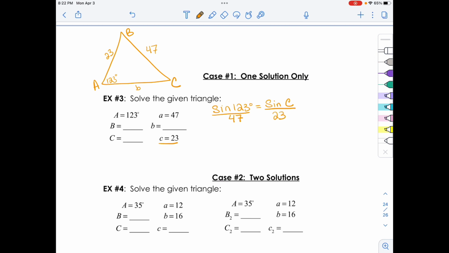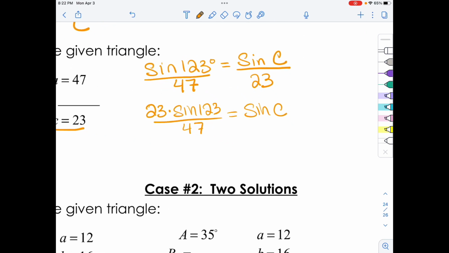Now when I go to solve this, 23 times the sine of 123 over 47 equals the sine of C. The only technique I have for finding angle C is by using sine inverse. So the measure of angle C equals sine inverse of 23 times the sine of 123 divided by 47.